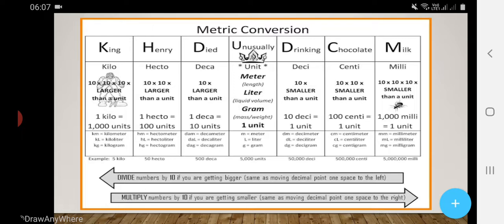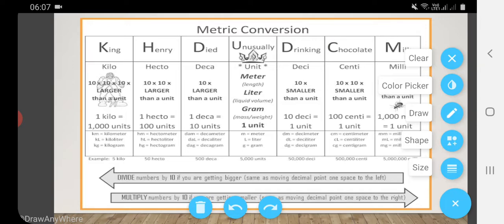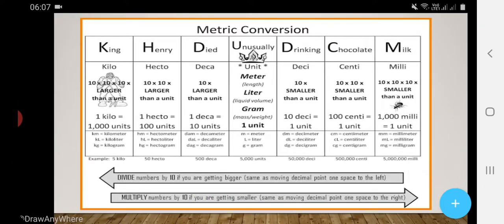Here you have to write this: hm, hectometre; hl, hectolitre. Now dam, decametre; dal, decalitre; dag, decagram.